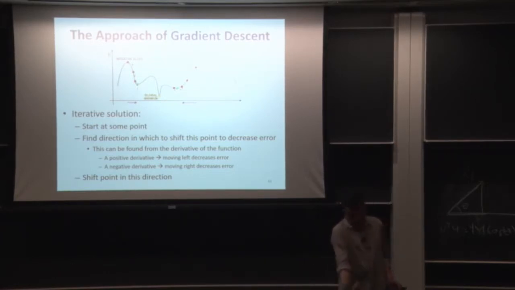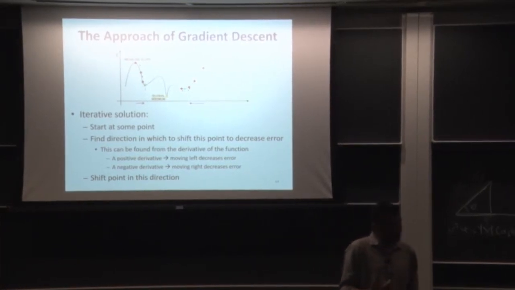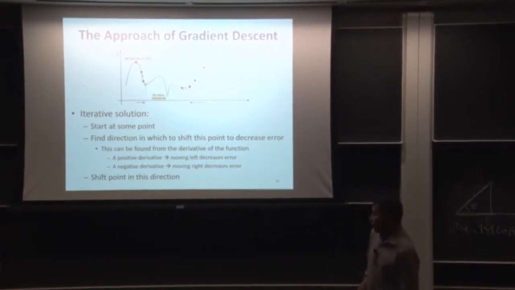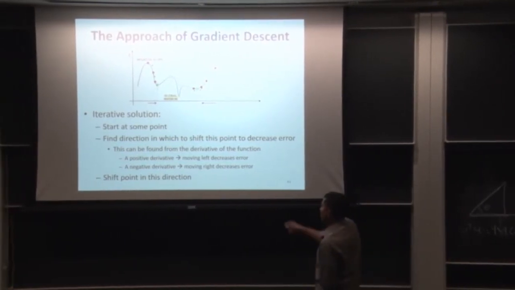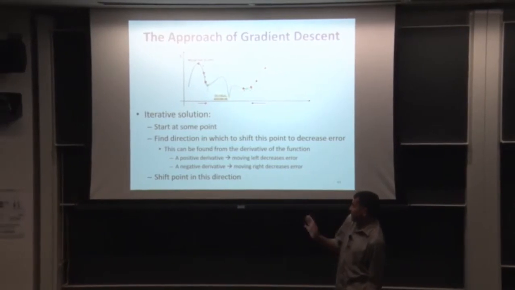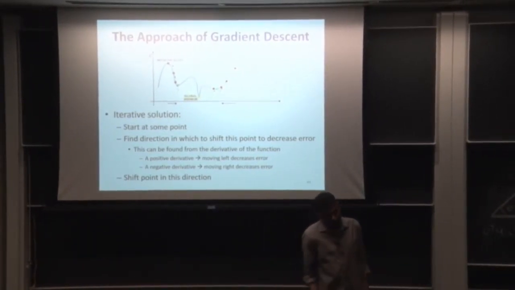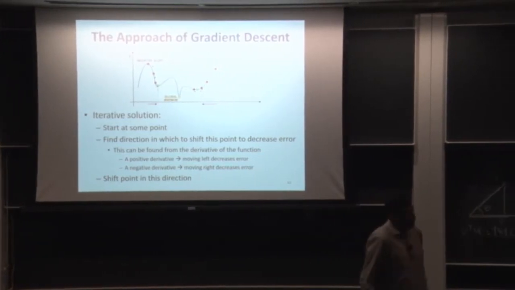If the derivative is negative, it means moving forward is going to decrease the function. So if I want to decrease the function further, I want to move forward. So basically, if the derivative is positive, moving left decreases the error. If the derivative is negative, moving right decreases the error, where I'm defining left and right as shown on the slide.